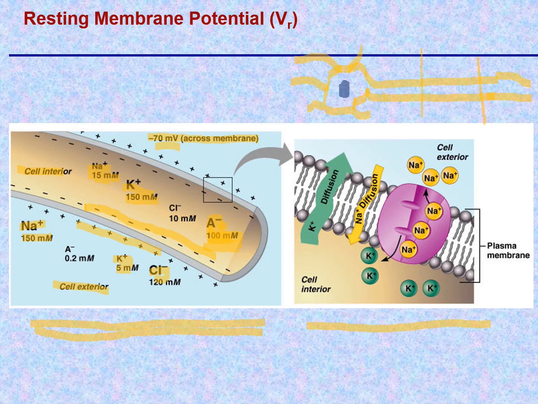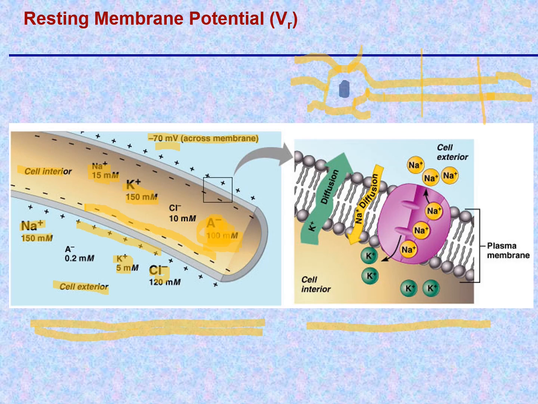And so with loss of positive charge on the inside, loss of potassium from the inside, plus the fact that you have the negative, and when you're losing positive charges from the inside of the cell, that makes the interior of the cell more negative. Plus the fact that there are quite a few proteins that are negatively charged inside the cell makes the interior more negative.